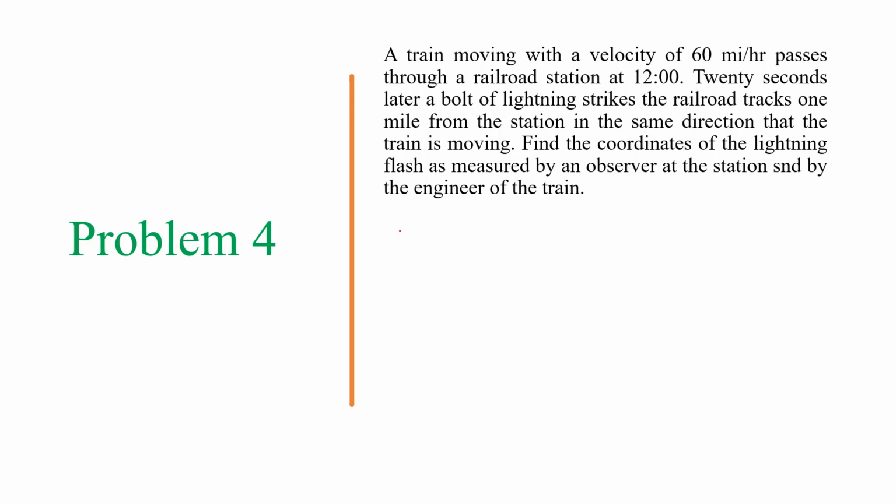So we can call the observer at the station observer O. For observer O, he can see that the lightning flash is at x, y, z, t. And observer O prime is the engineer of the train.